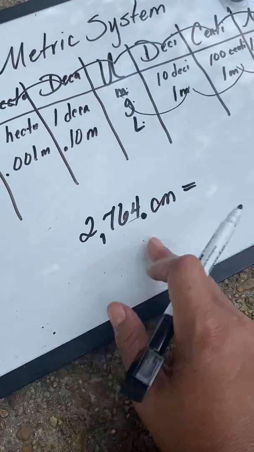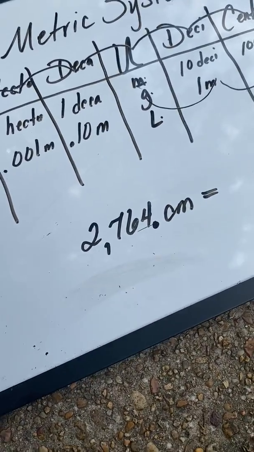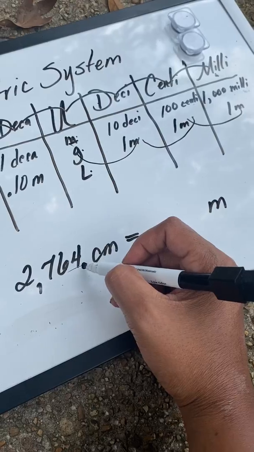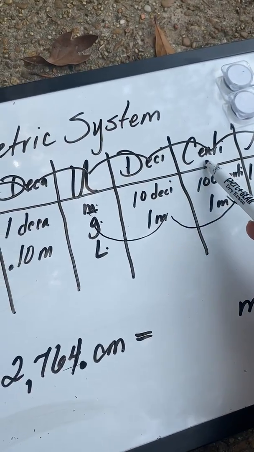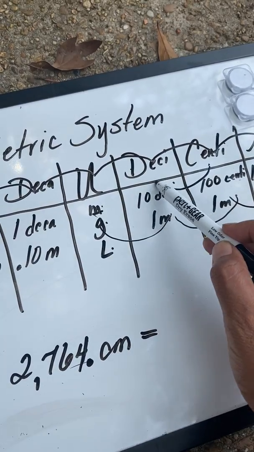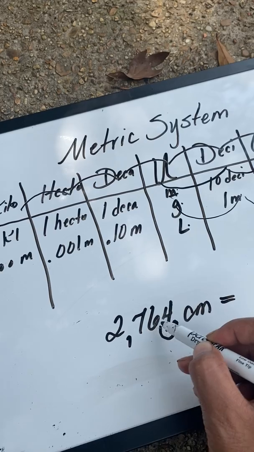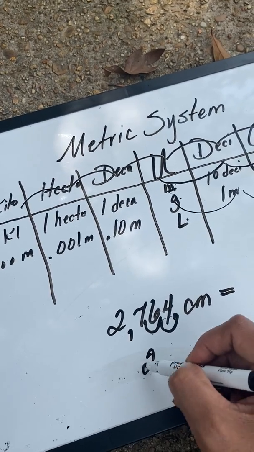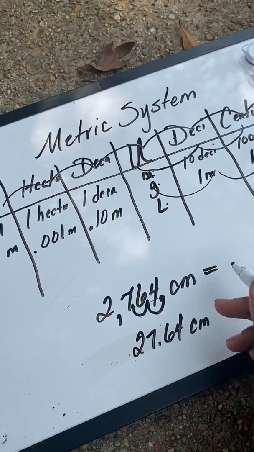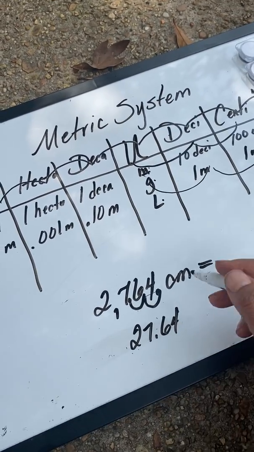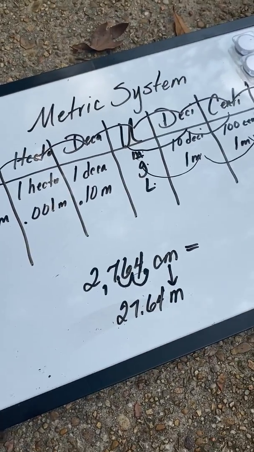So this is where we'll start with our decimal, even though it wasn't given to us. Centimeters to meters: I'll go from centimeters back over here, which is 1, 2. So I'm going to move this decimal twice, 1, 2. This gives us 27.64 meters, because that's where we're going to.